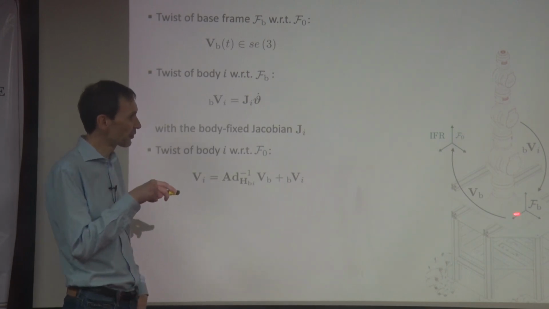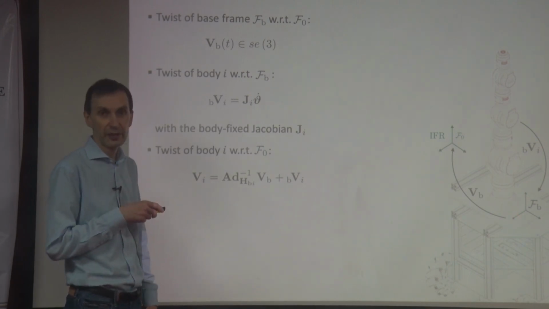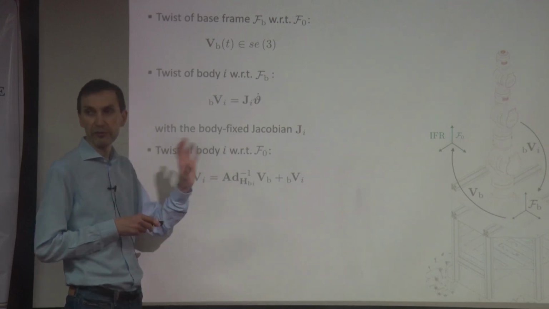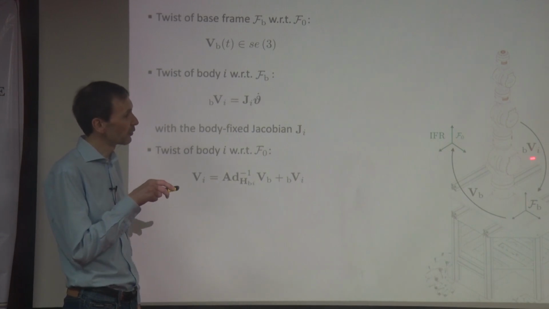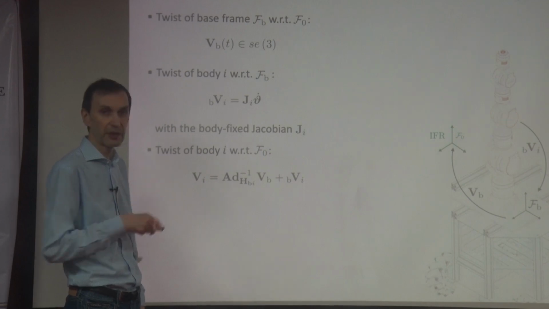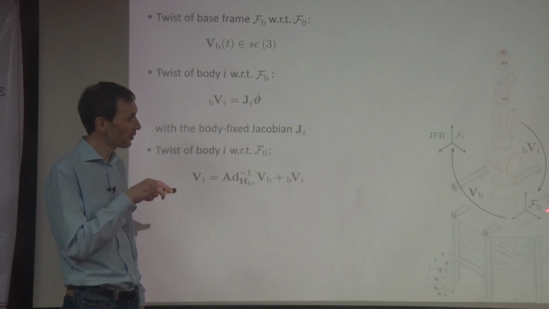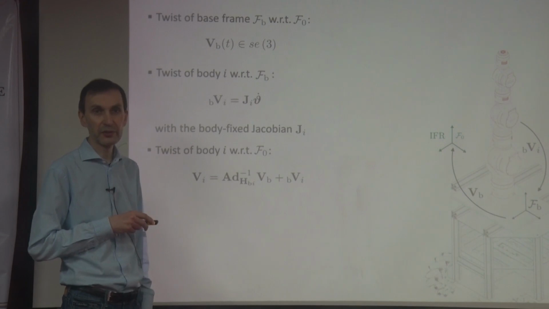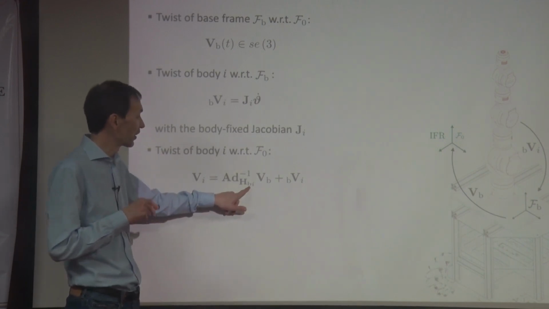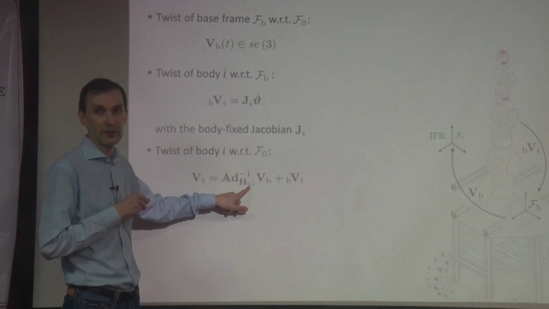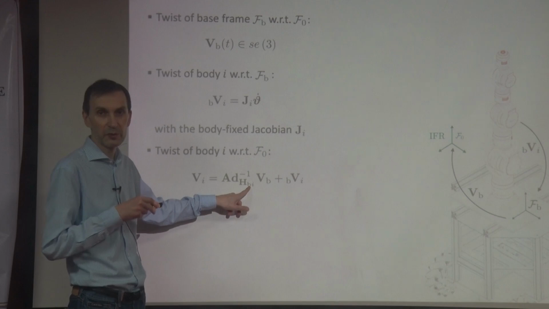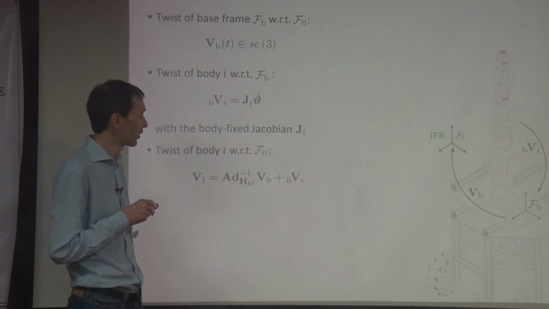Well, it depends where you start, of course, and I would like to represent it in the body-fixed frame. So first of all, it's the twist of body I relative to the base, plus the twist of the base relative to the space-fixed frame. Pretty simple, I know. But you have to be careful, because the twist of the base has to be expressed in the body I frame.